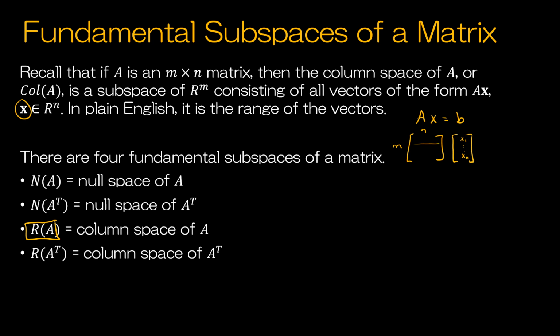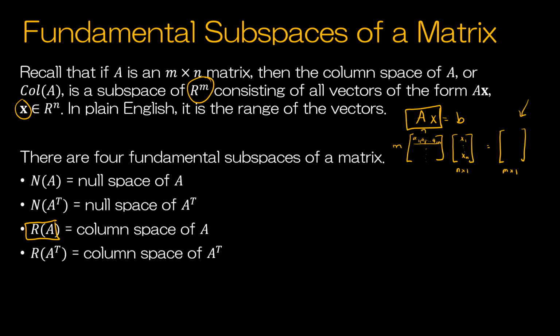And so this is A11, A12, all the way to A1m, and so forth, is equal to B, which is going to be, if you think about this being an n by 1 matrix, this is an m by 1 matrix. So that's what we're talking about, Rm. So we're talking about the column space of A. It's a subspace of Rm consisting of all of the vectors that can be created by A times x. That's what we're dealing with.